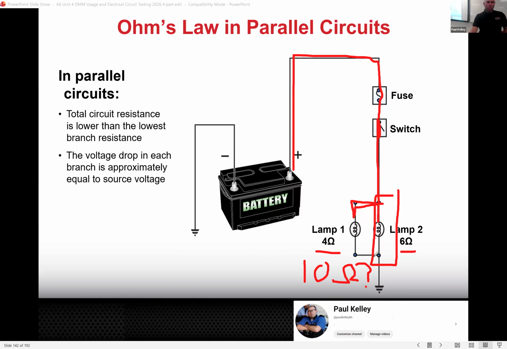So what's really weird about a parallel is every time you add another resistor, assuming you also add another lane, this would actually reduce the overall resistance. So the overall resistance is how we calculate the number of amps, right?